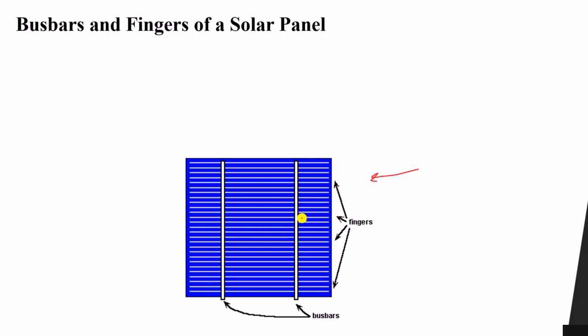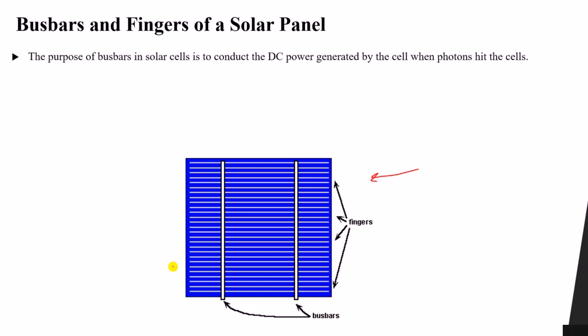You'll find that we have these lines, called fingers, and two big lines called the bus bars. The fingers and the bus bars are used to conduct the DC power generated by the cell when photons hit it. They are the wires that connect each cell to the other one, allowing the current to flow.